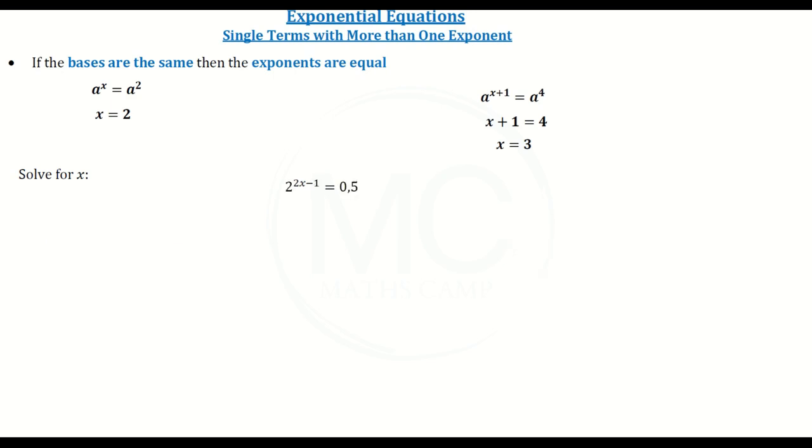I want to do one more example. 2 to the power of 2x minus 1 is equal to 0,5. Now, decimals are difficult to work with. So the first thing we need to do is to change this decimal into a fraction. So on the left, we have 2 to the power of 2x minus 1. And we can rewrite 0,5 as 1 over 2.